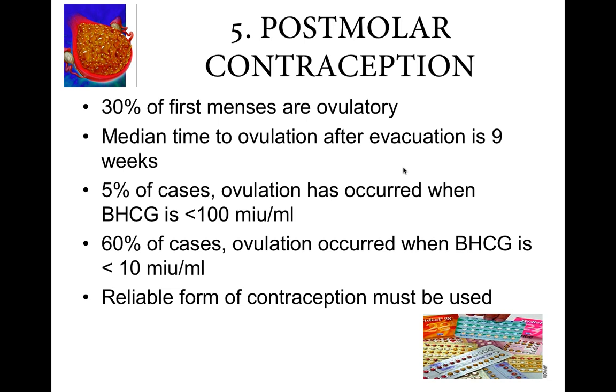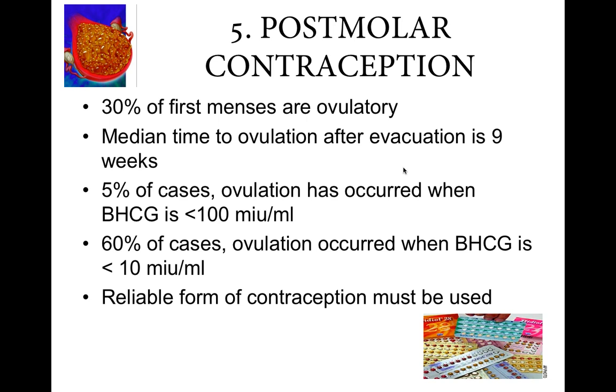And in 5% of cases, ovulation has occurred when the beta HCG is less than 100 mIU per ml. And in 60% of cases, ovulation would occur when the beta HCG is less than 10 mIU per ml. Thus, there is a need to use a reliable form of contraception.